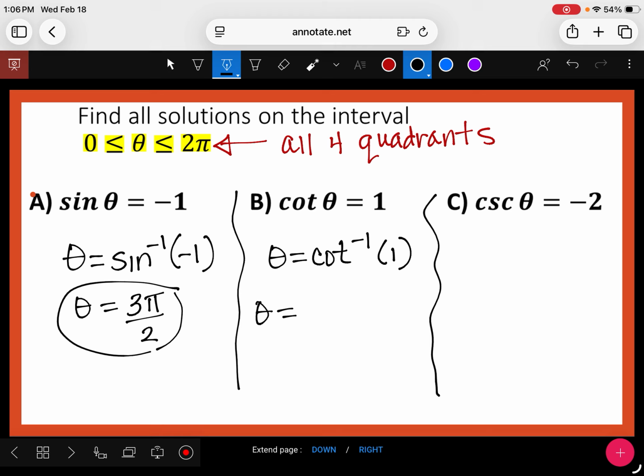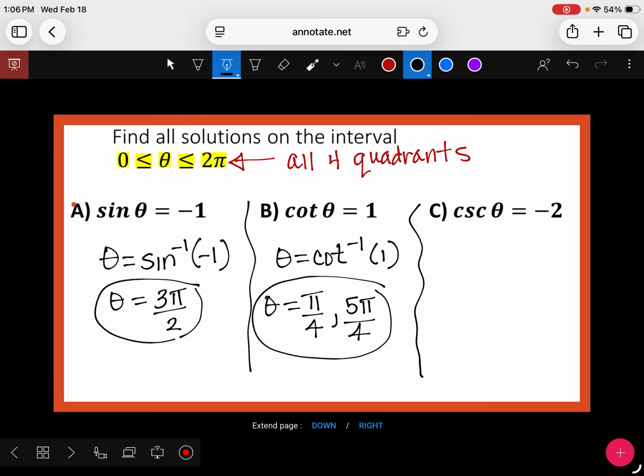Looking at your unit circles. You should get pi over 4 and 5 pi over 4. Who had that? All right, good job.